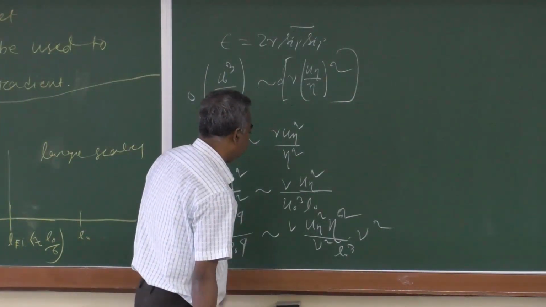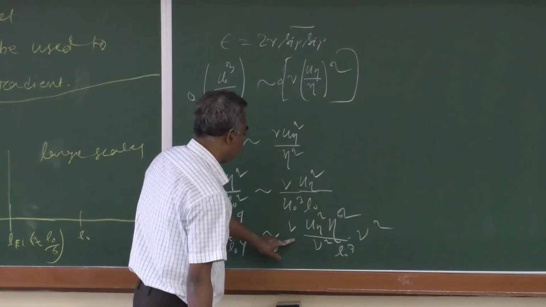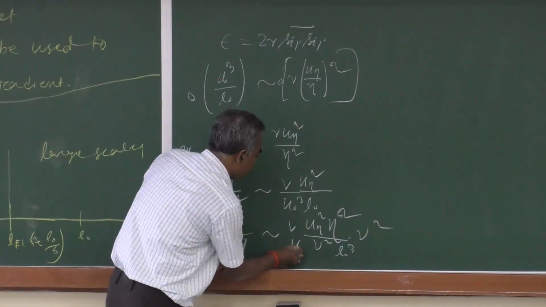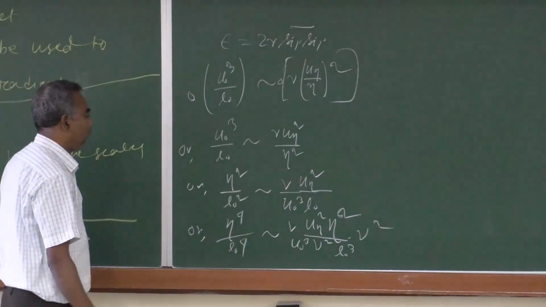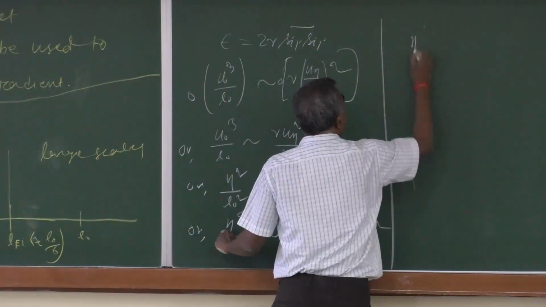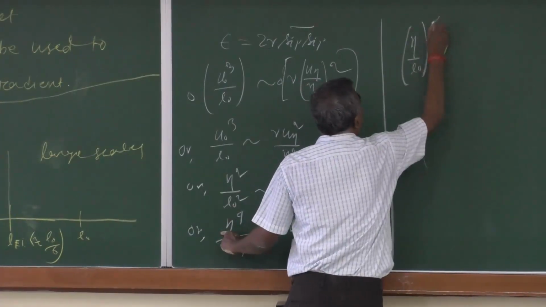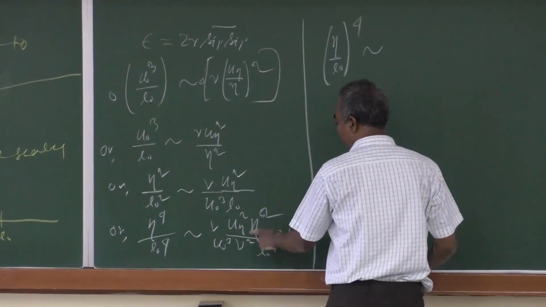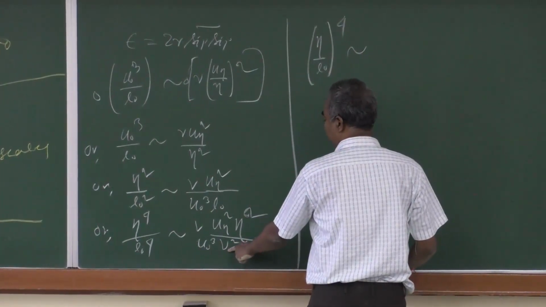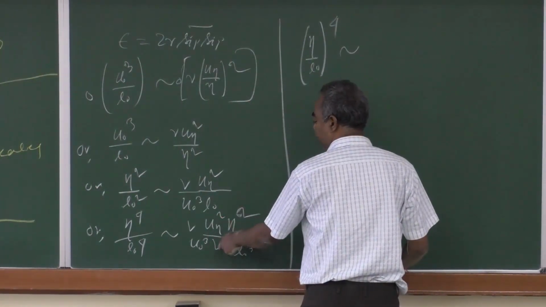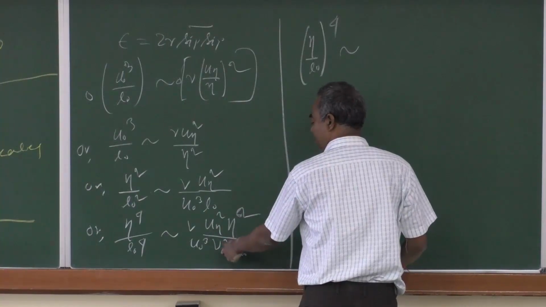So, you see from this what you get. So, u naught cube I have missed it, right. So, u naught cube should be here. So, you see that means that eta by L naught to the 4 is equal to u eta square by nu square, which is nothing but your 1, because this is the Reynolds number based on Kolmogorov length scale and velocity scale, which is equal to 1 from identity.